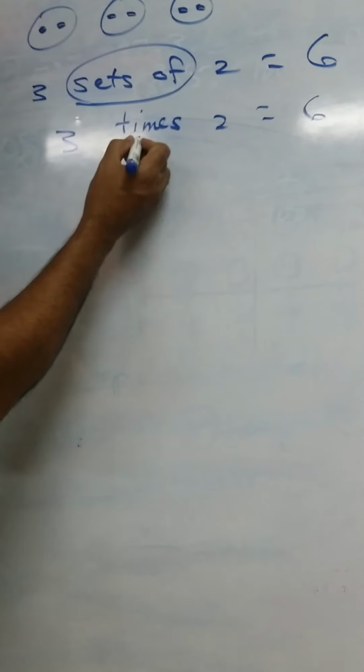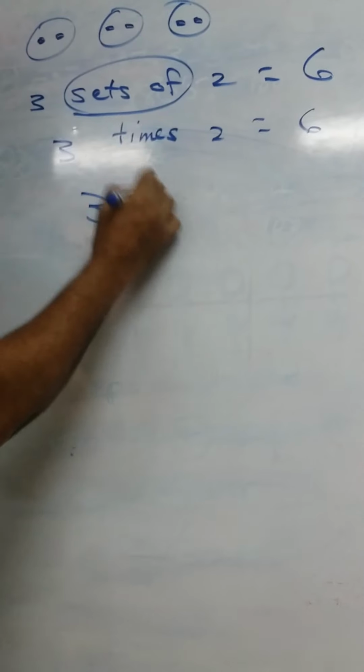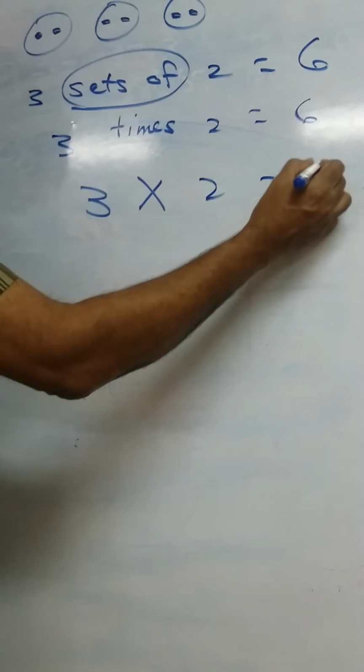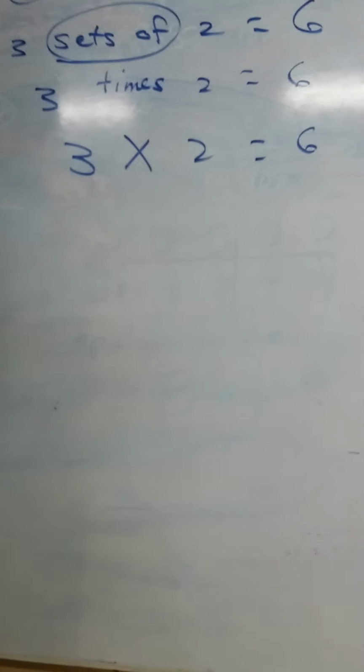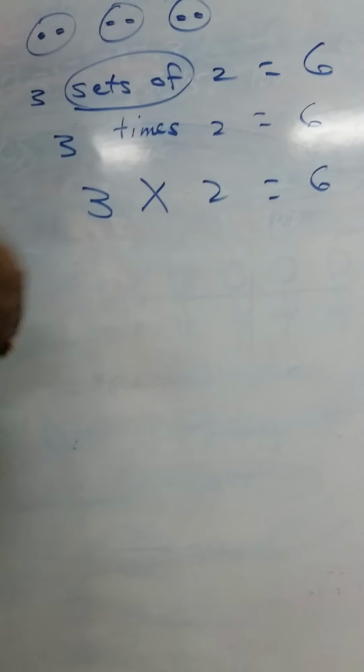And we said, well, we are not doing English, we are doing mathematics, so we use the symbol times or multiply. 3 times 2, I have 6. Alright? And we always would have developed and established that of means we multiply.